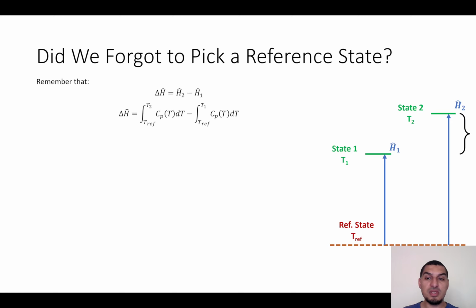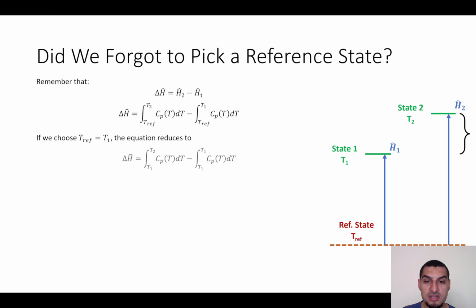What we should be doing is the integration from T reference to T2 of Cp dT minus the integration from T reference to T1 of Cp dT. This is what we should do. And if you think about it, you would notice that we already did this. The way we did it, without mentioning, was that we took T1 as the reference state.